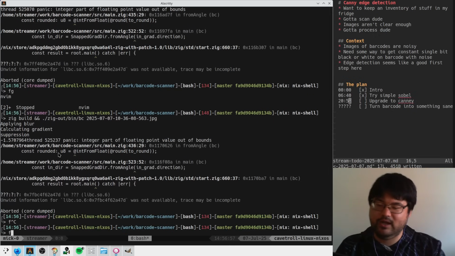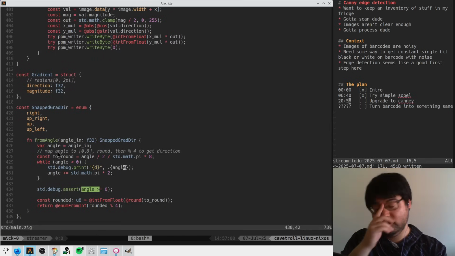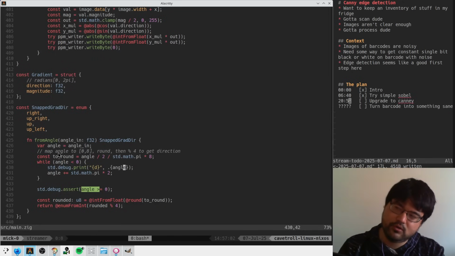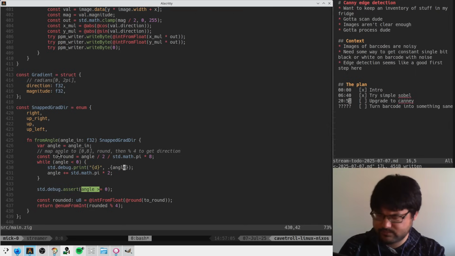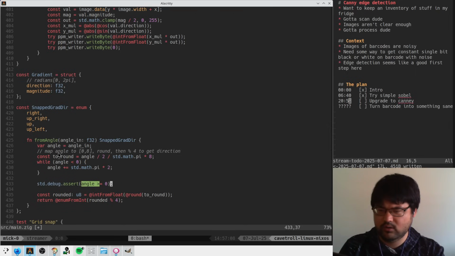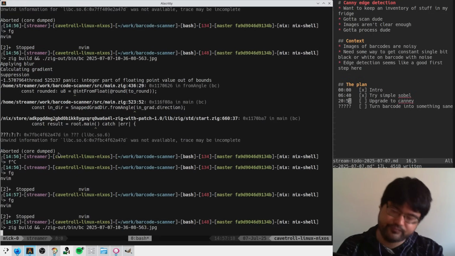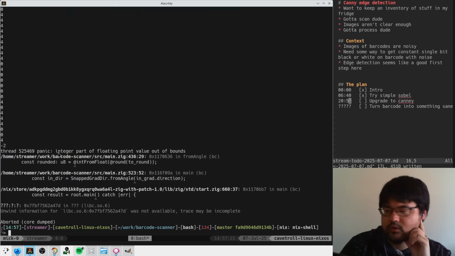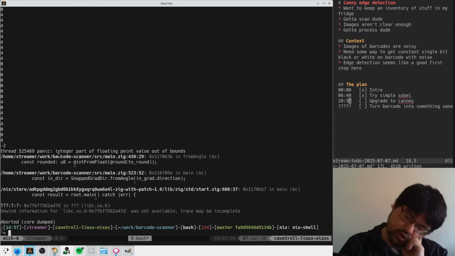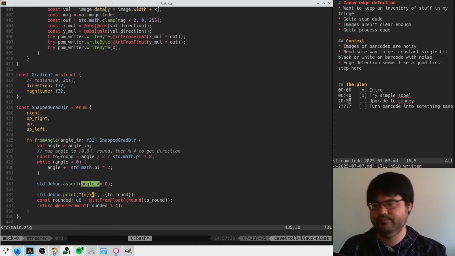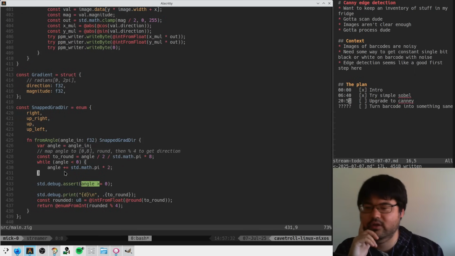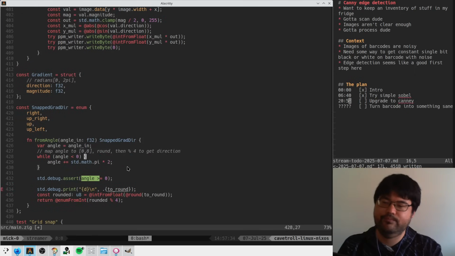So this was negative pi instead of 0 to 2 pi. So negative pi plus 2 pi should be a round pi? Okay, what is 2 round? And this should have a new line, or else we're not going to be able to parse it. Negative 2? Negative 2. Oh.